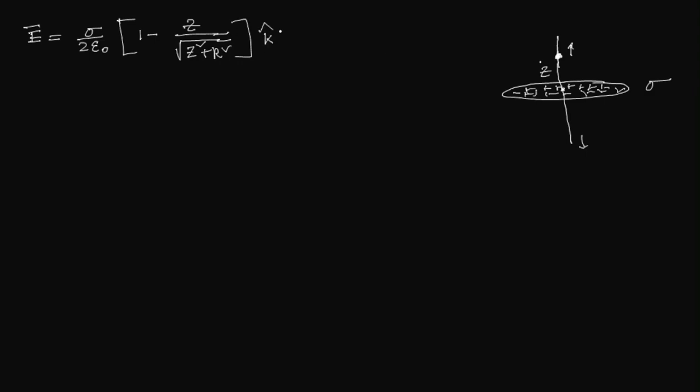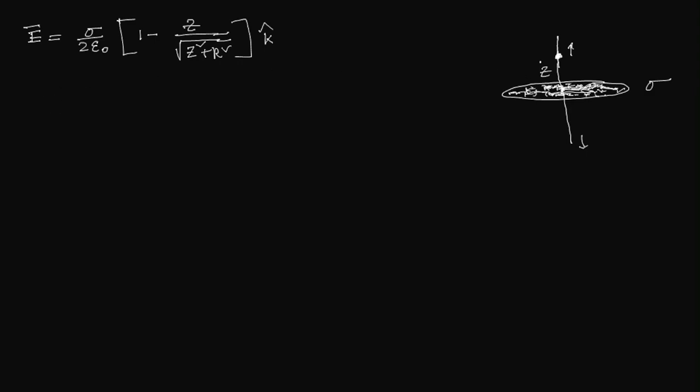Okay. So now if I want to calculate the electric field at the center, in this case you see charge is distributed over the disk, so that means we'll write the electric field just above the loop or just below the loop. Just above the loop, just below the loop, that will be the electric field at the center.